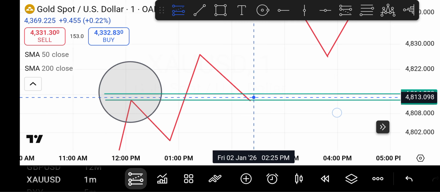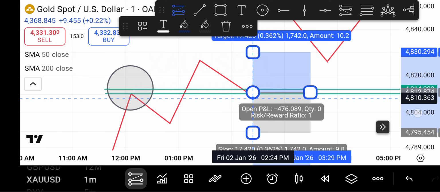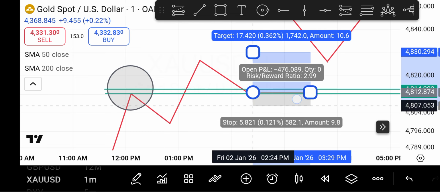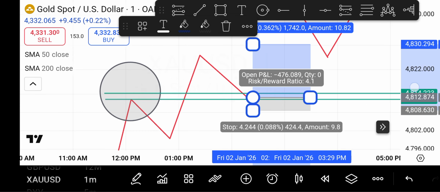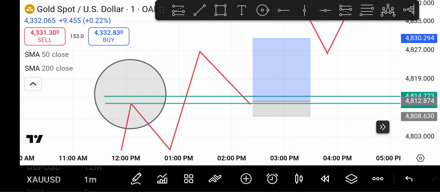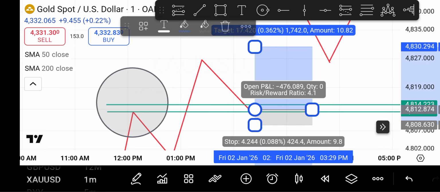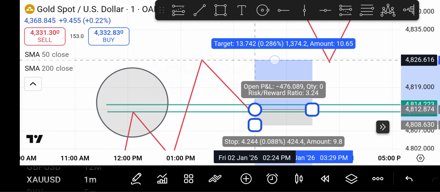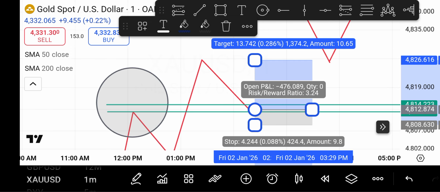So I will be eager to buy right here. So I'll place my long position tools. My stop loss will be the lowest candle that closes below here, and my take profit will be the new higher high.